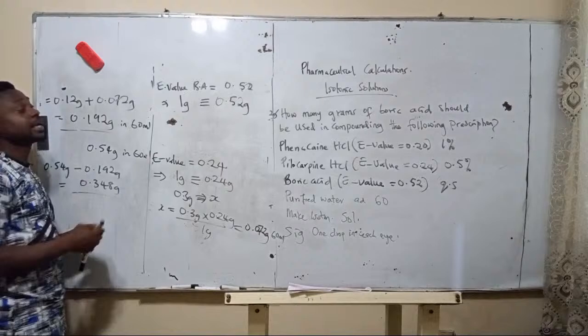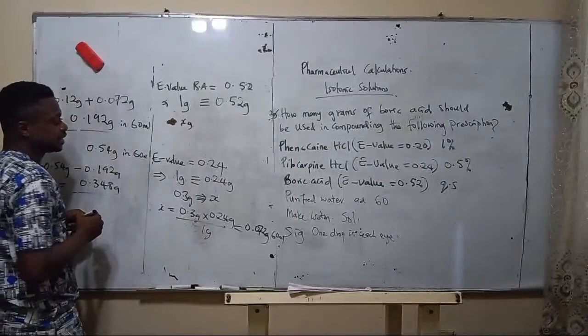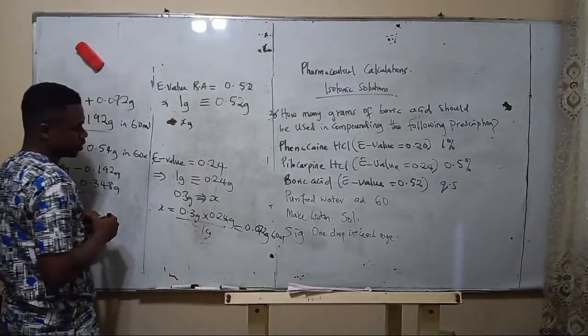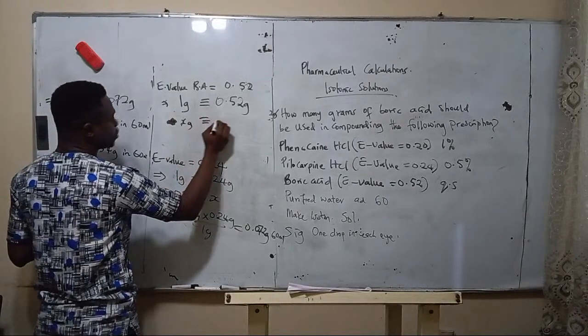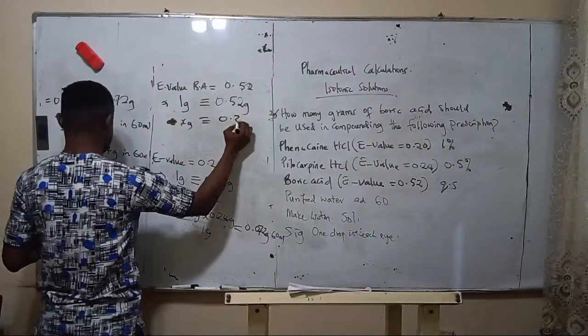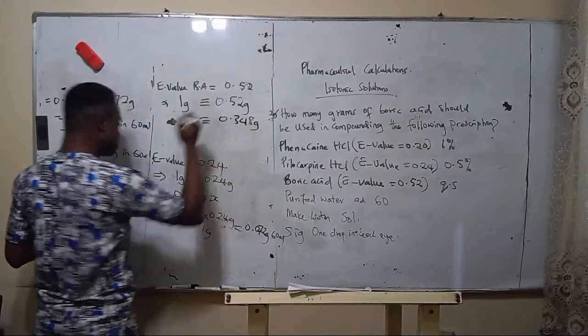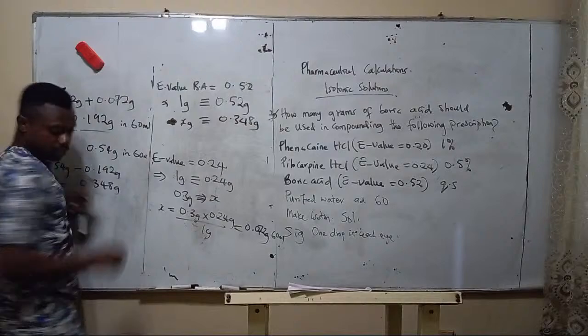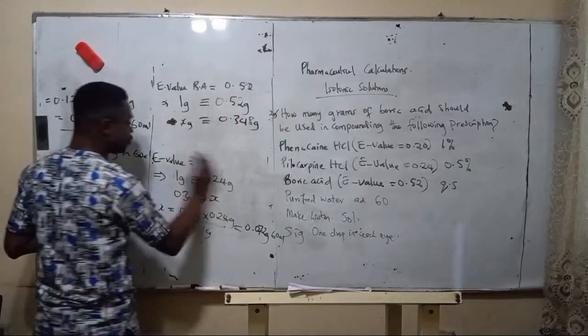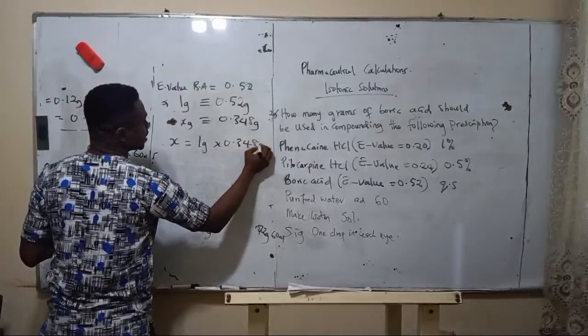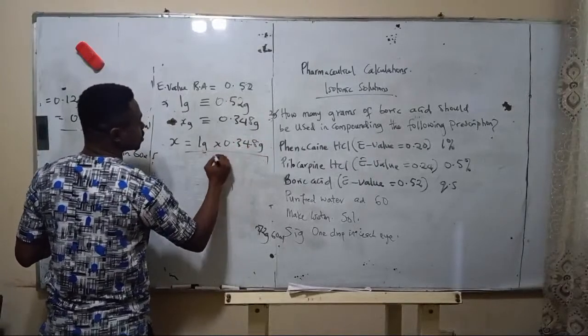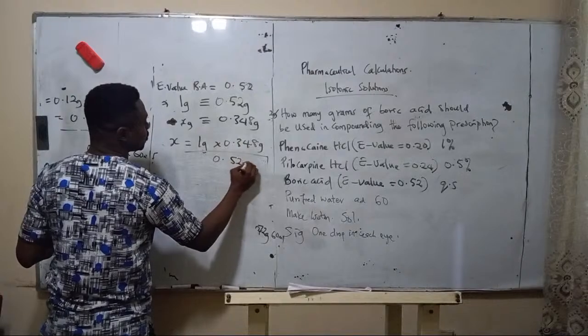So what gram of boric acid will now be equivalent to 0.348 gram of sodium chloride? This will help us to find the amount of boric acid we need. So that's equal to 1 gram times 0.348 gram all over 0.52 gram.